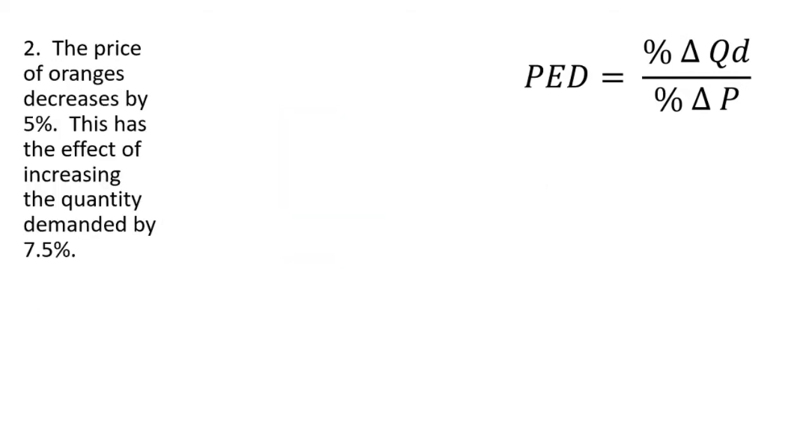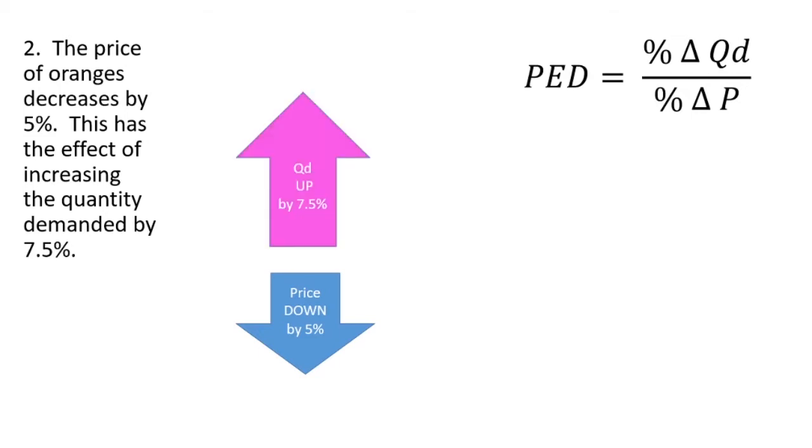Say the price of oranges decreases by 5%, and this has the effect of increasing quantity demanded by 7.5%. So let's work out if this is elastic or inelastic. So we know that the price has gone down by 5%. The quantity demanded has gone up by 7.5%.